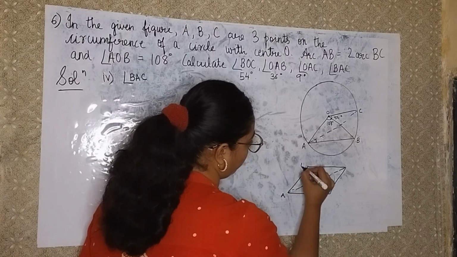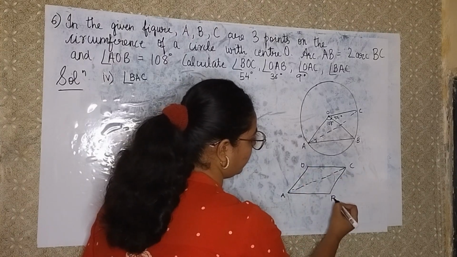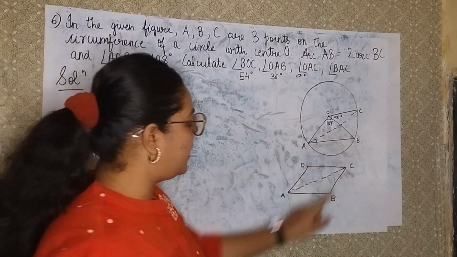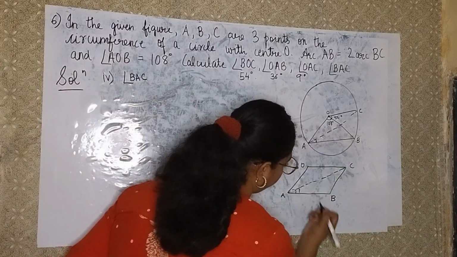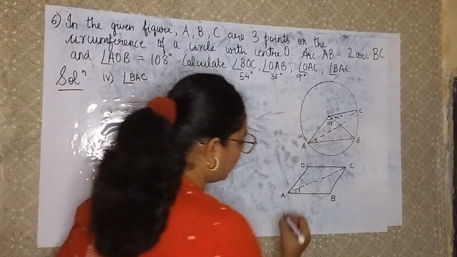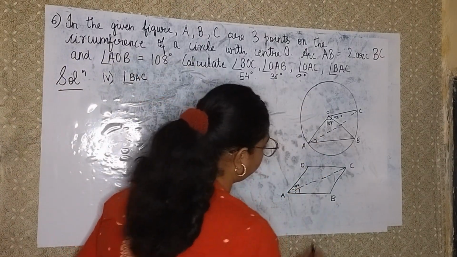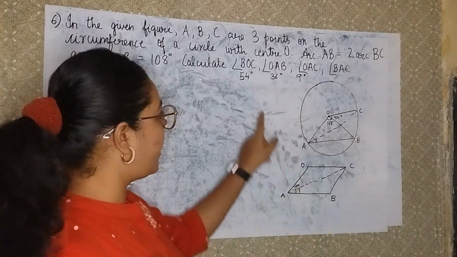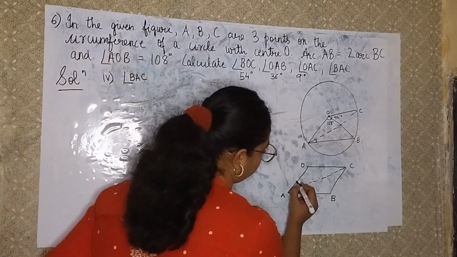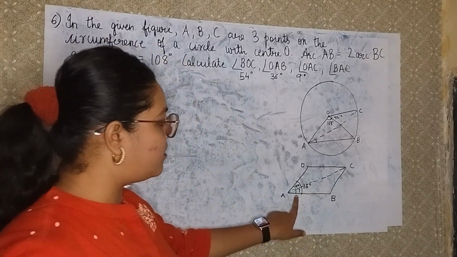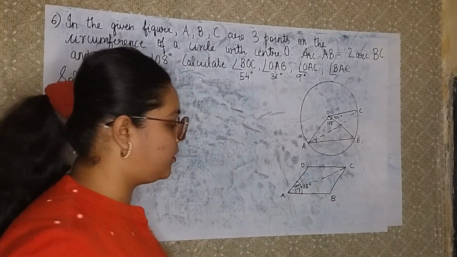This is A, O, C, B, and we need to find BAC, that is this part of the triangle. We have OAC as 9 degrees and the whole OAB bigger angle as 36 degrees. So I can find angle BAC easily.